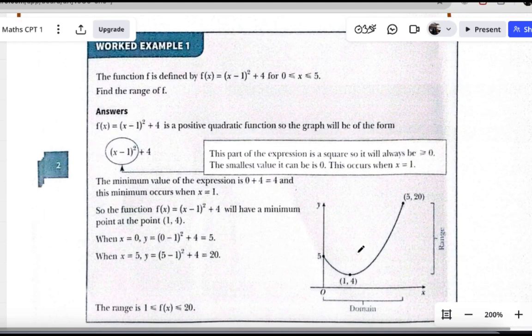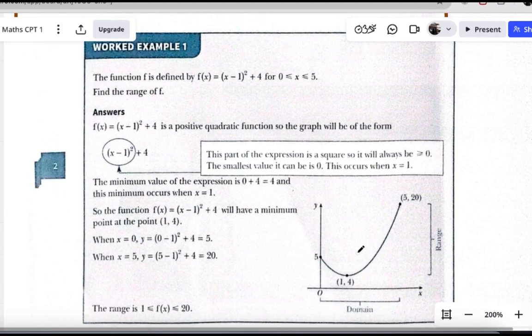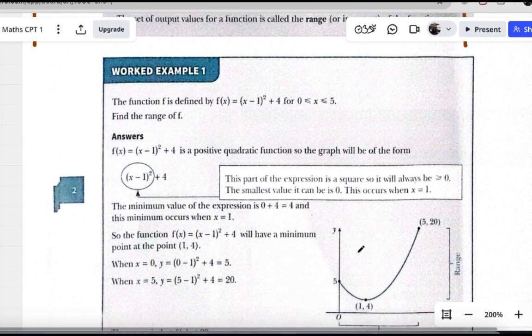Okay. Now let's take a look at this. It says the function f is defined by f of x equals (x minus 1) raised to power 2, plus 4. This is the quadratic function that's shown in completed square form.